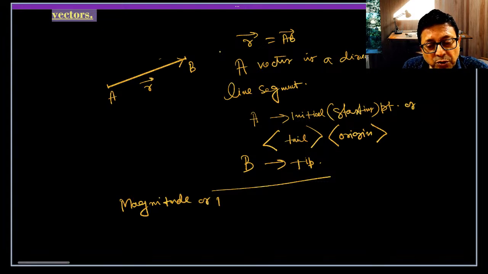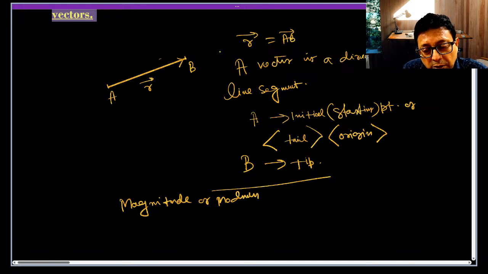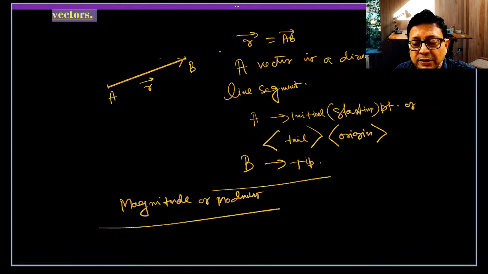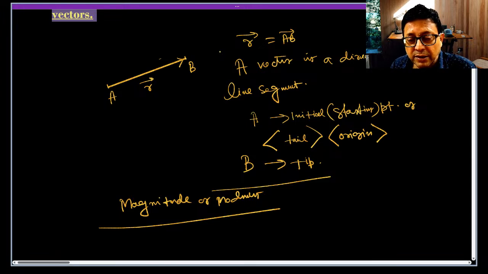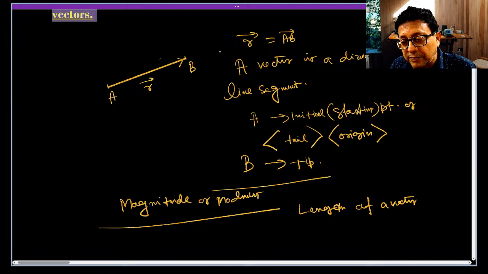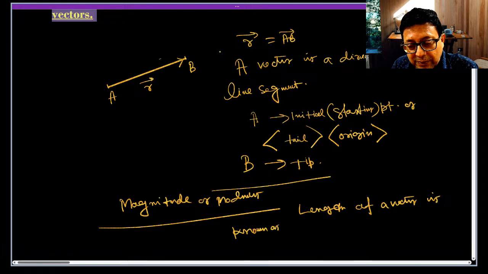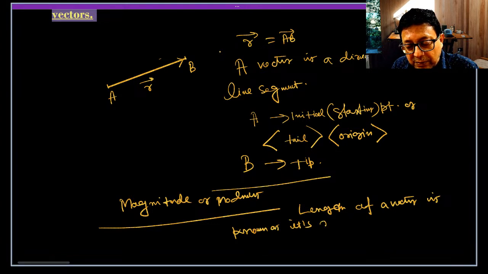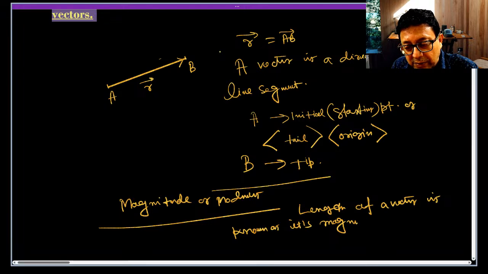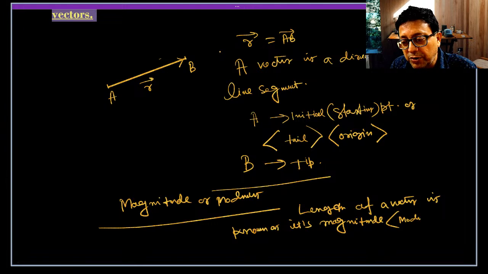Then what is the magnitude or modulus of a vector? Magnitude or modulus of vector A is the length of the vector. Length of a vector is known as its magnitude or modulus.